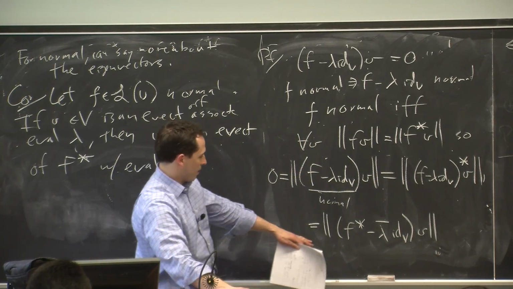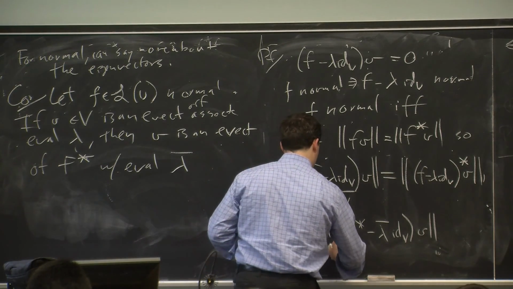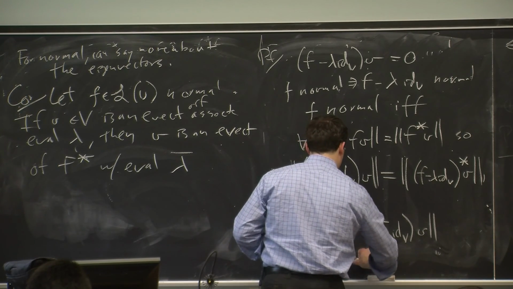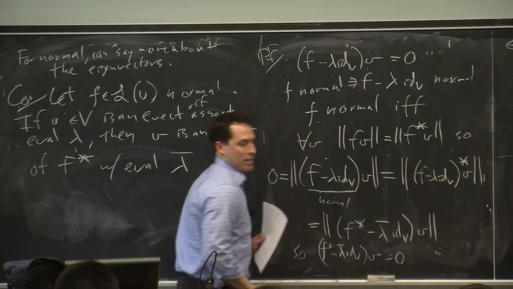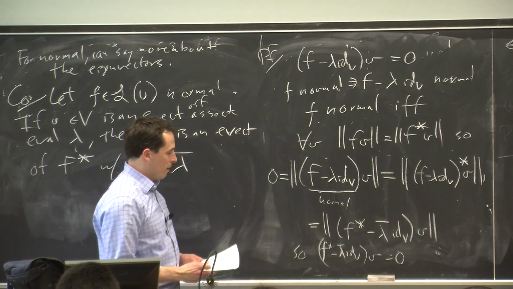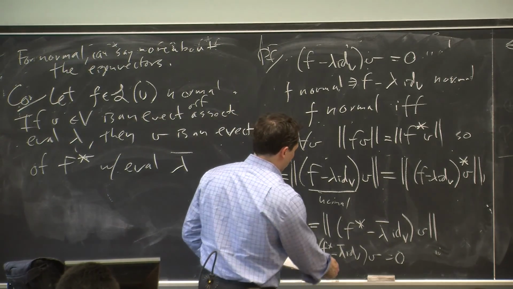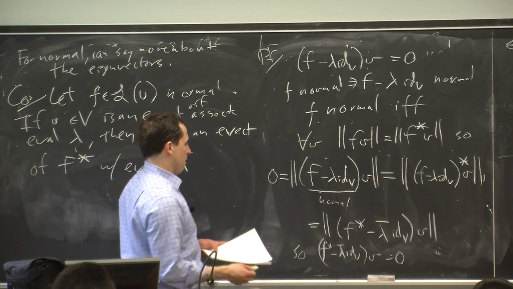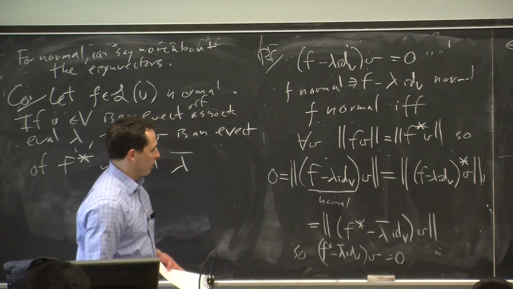But that tells me that f adjoint minus lambda bar I_V, applied to the non-zero vector v, must be 0 because it has norm 0, so it must be the zero vector. And so lambda bar is an eigenvalue. We already knew that, but more importantly, it's an eigenvalue with the non-zero eigenvector v.